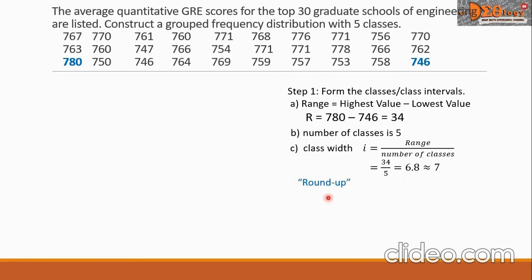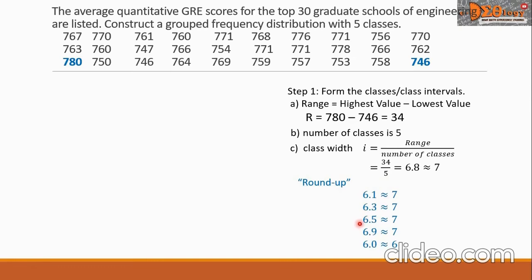Take note that this is rounding up and not rounding off. For further examples, we may say that this 6.1 is rounded up to 7. Also the 6.3 is rounded up to 7.